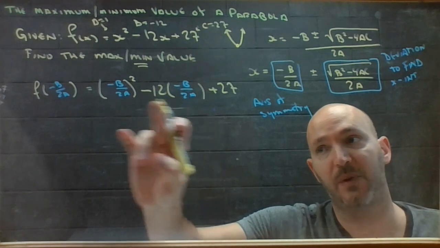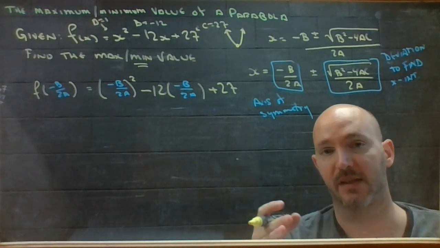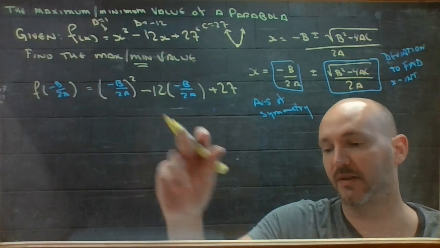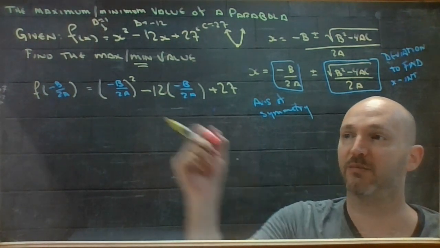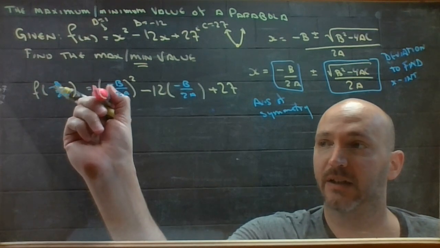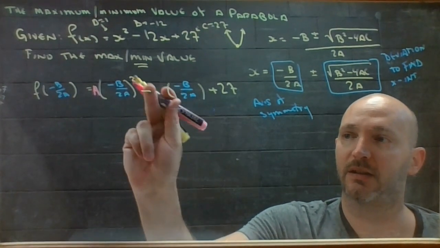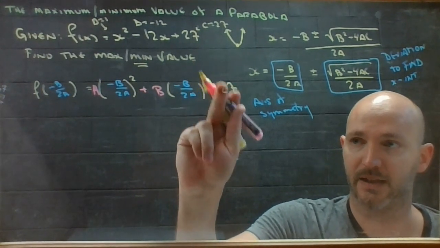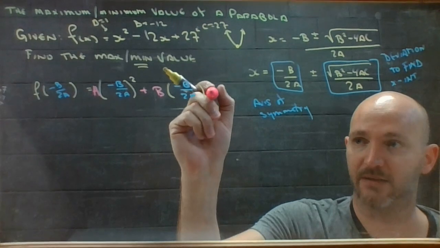Now, I put in a generic axis of symmetry, so I want to make this into a generic parabola. So I'm going to have to acknowledge that there should be an a value here. This would be your b value, and this would be your c value.